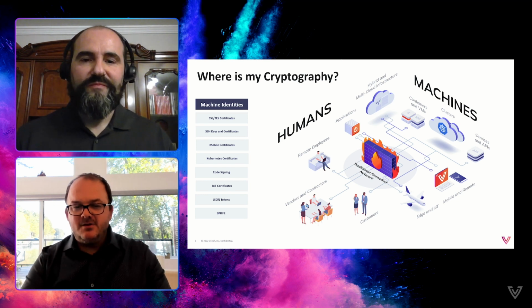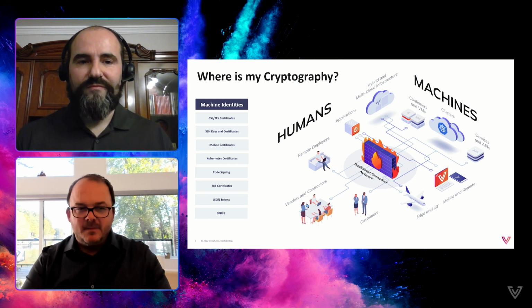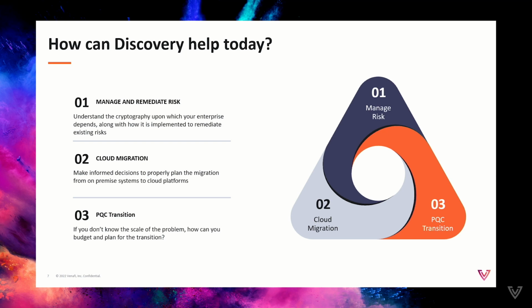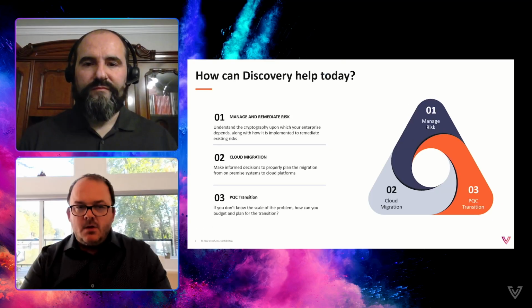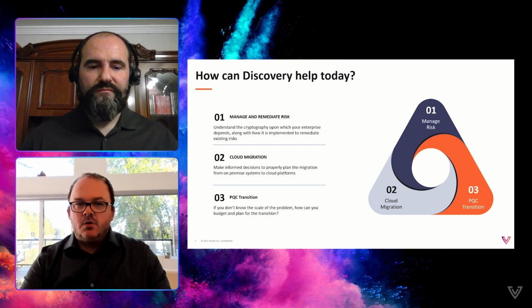Yeah, you could say, if you don't know the scale of the problem, then how can you budget and plan for that problem? I think that's a key element of building the business case for the transition. One of the elements that I think is critical here is that discovery is very valuable to the process of, firstly, or I suppose lastly, looking at a PQC transition. But if we put that aside for a moment, understanding the risks you have today in your current systems and applications.